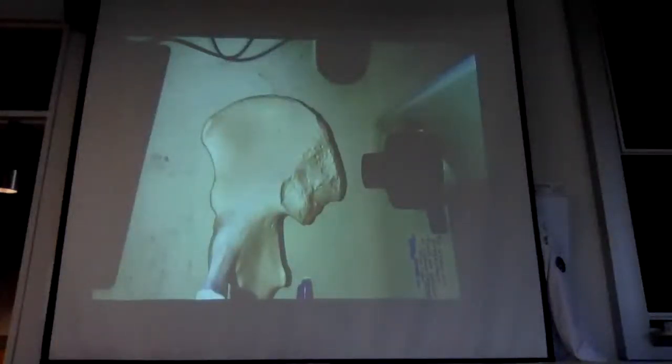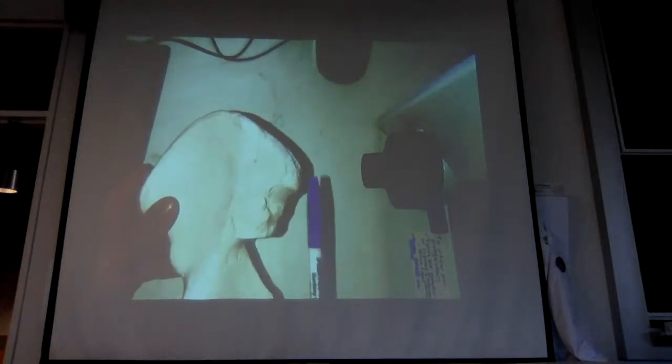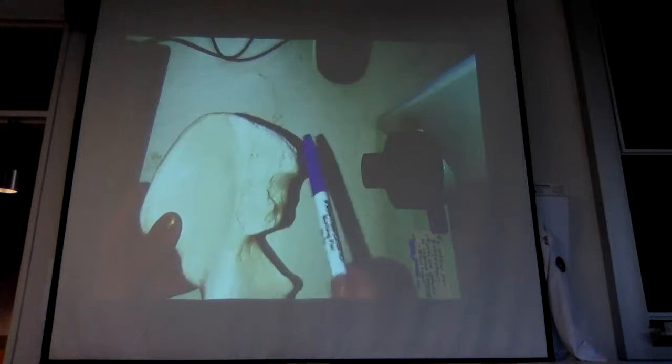The long ridge, that's the iliac crest. Follow it to the back, and we'll see two more bumps. So here's the auricular surface, and then here's a bump, and here's a bump.